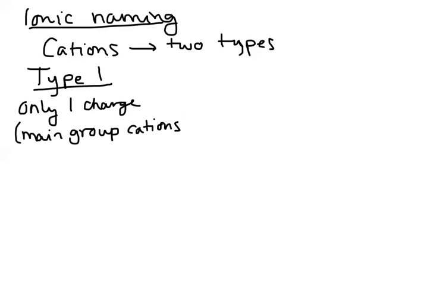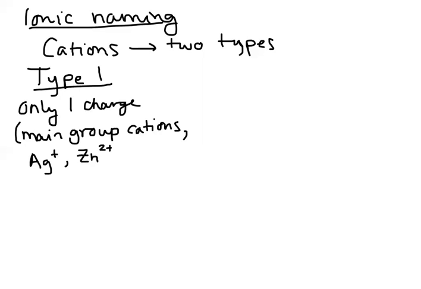And I know there will always be exceptions. So the 2 exceptions are Ag plus and Zn2 plus. So it's main group cations and Ag plus and Zn2 plus. So it's any of those that are in the 1 plus, 2 plus, and 3 plus rows, and then Ag and Zn are also type 1.